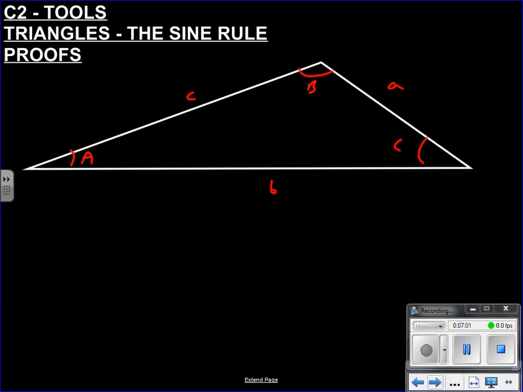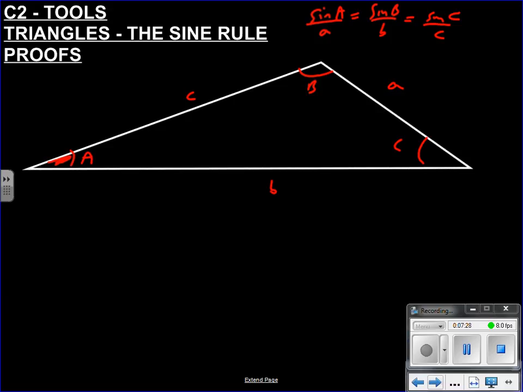So the sine rule, as you should know, says that sine angle over length, sine B, sorry, not beta, b. So we're saying capital letters for angles, small letters for sides. So sine of big A over the length a must be the same as sine B over length b, and sine C over c.